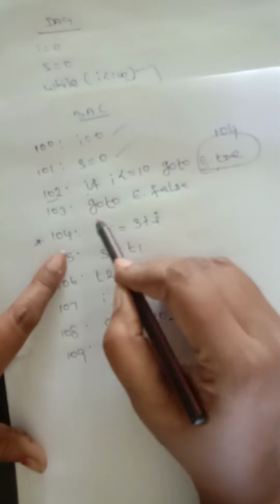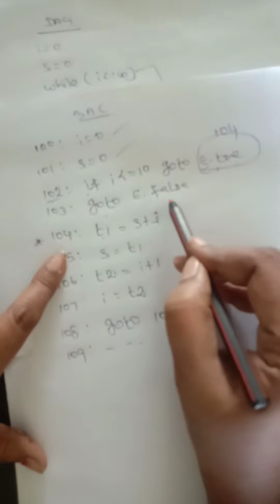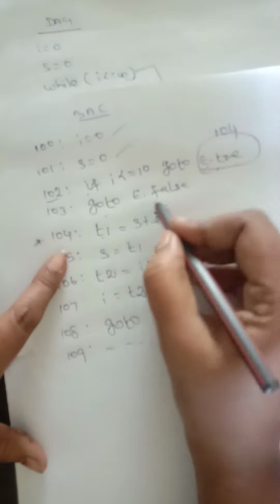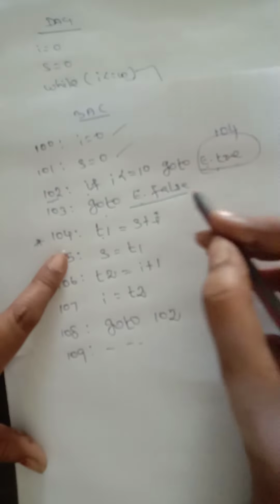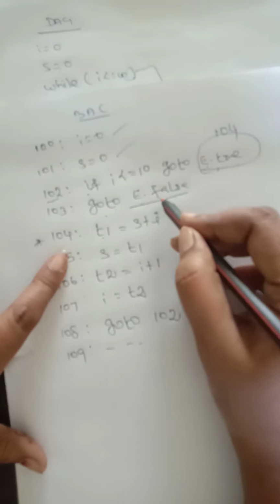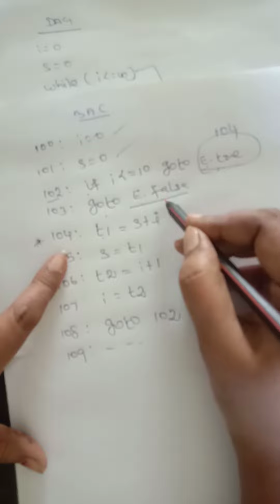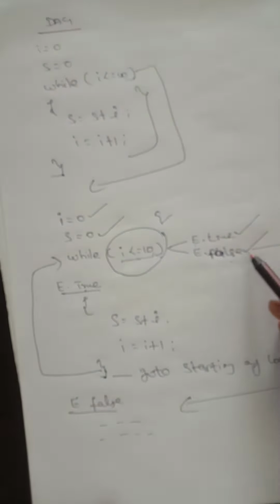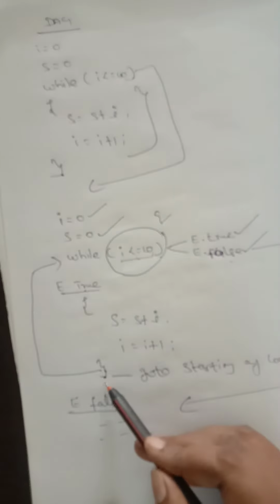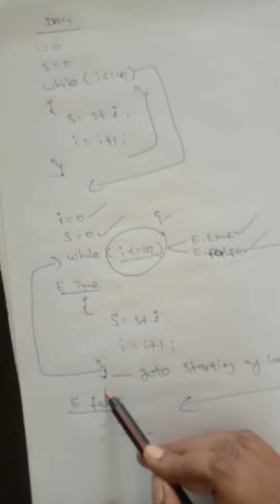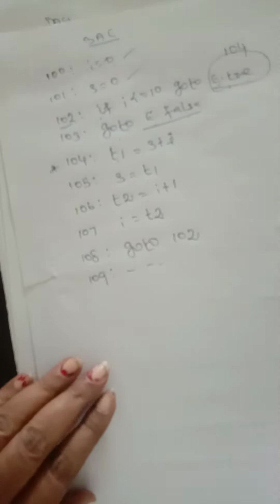At statement 103 we are having go to E dot false. What's the E dot false? E dot false is again a label. We have to refill the corresponding address. Here the E dot false is the next statement after the end of the looping statement.